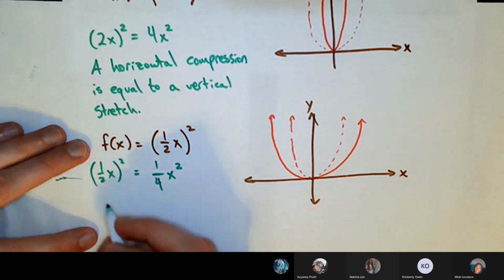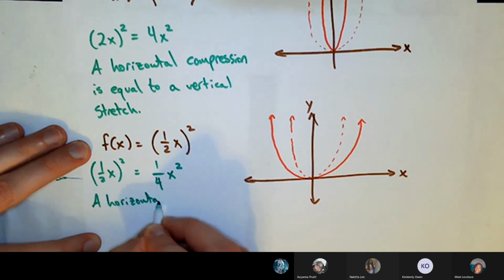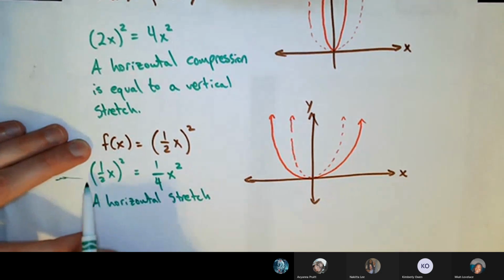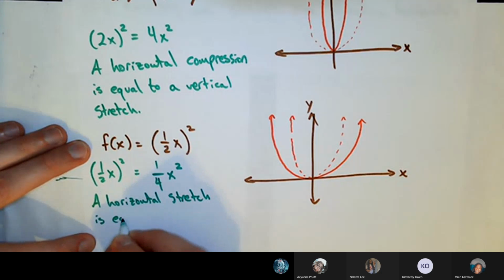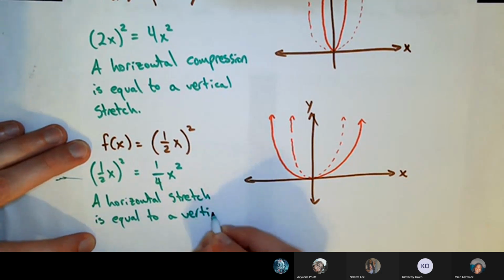So on the left here, I have a horizontal stretch, a number less than 1 inside, which is equal to a vertical compression.